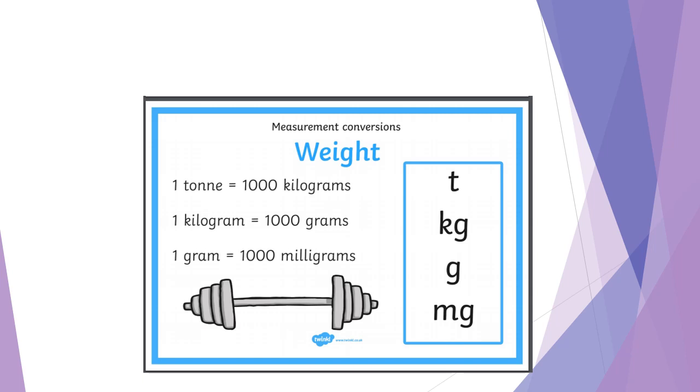We've got a tonne. So a tonne is new to us, but a tonne is 1,000 times greater than a kilogram. So if we were going from a gram to a tonne, we'd have to times that gram by 1,000 and then times it by 1,000 again. Okay? So we'd end up with 1 million. 1 million grams make a tonne.